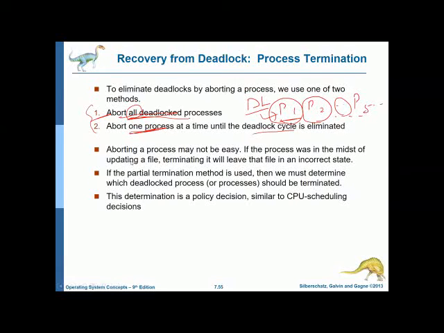Now, aborting a process actually is not an easy task. For example, consider a process in the midst of updating a file. If you terminate it purposefully, what will happen? That file will be left in an incorrect state because you were writing or updating it, so the file will be left in an incorrect state.